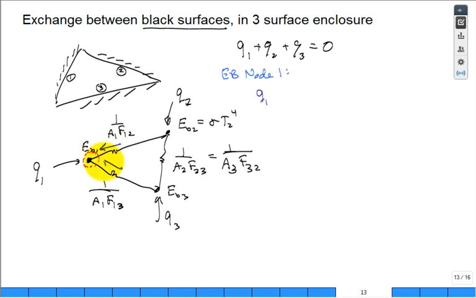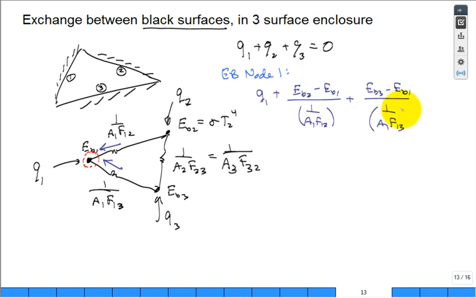So Q1 in plus what flows through this one resistor is going to be EB2 minus EB1 divided by 1 over A1 F1 to 2. And then what flows through the bottom resistor is EB3 minus EB1 divided by 1 over A1 F1 to 3. And the sum of those has to equal 0.